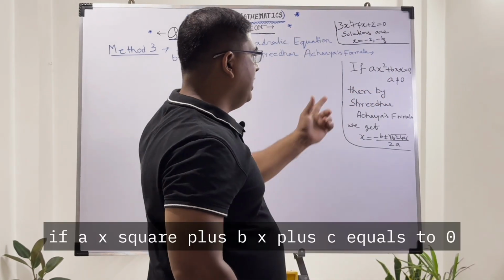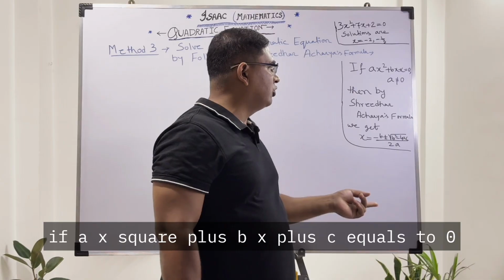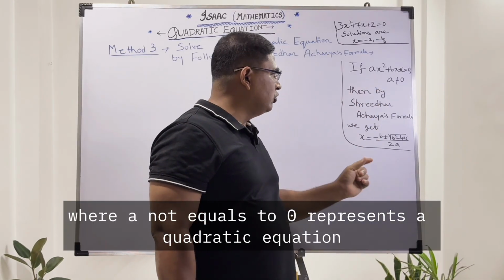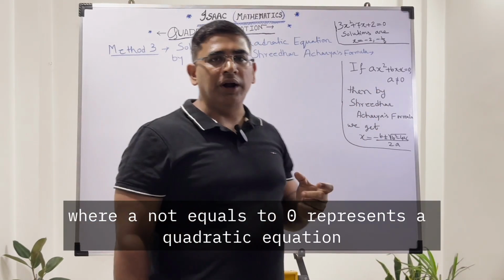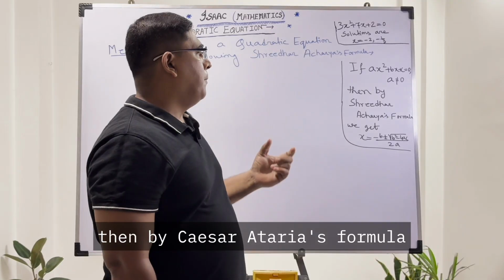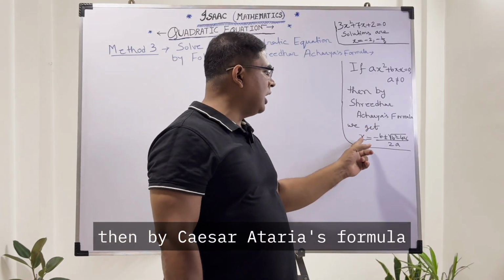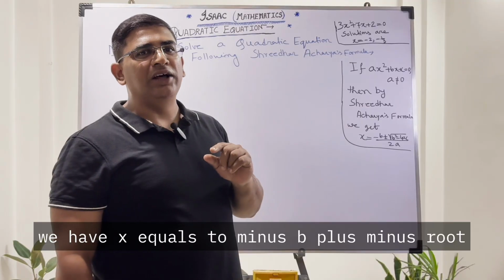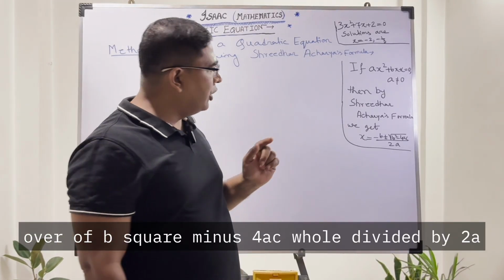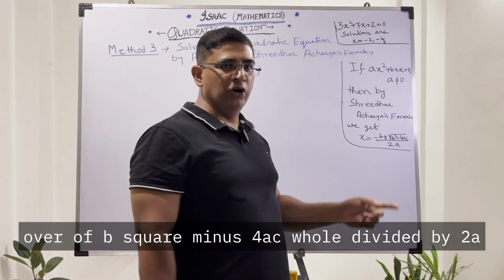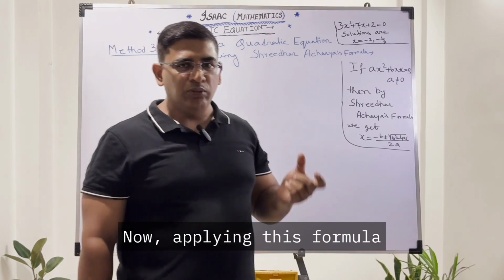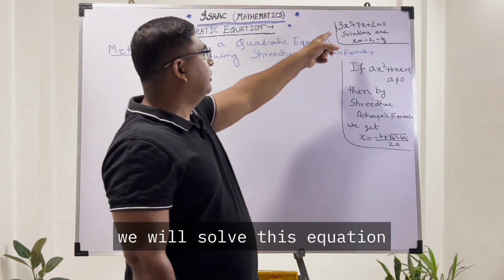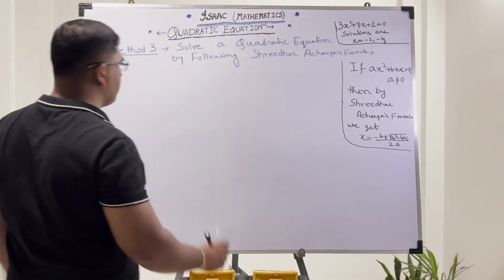So this is the derivation of Sridhar Acharya's formula. If ax square plus bx plus c equals to 0, where a not equals to 0, represents a quadratic equation, then by Sridhar Acharya's formula we have x equals to minus b plus minus root over of b square minus 4ac whole divided by 2a. Now applying this formula we will solve this equation.